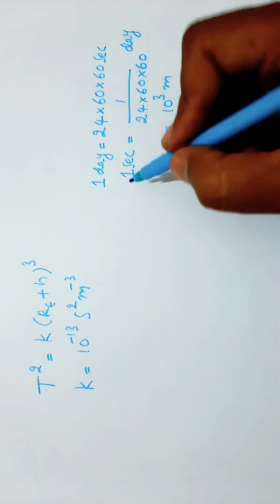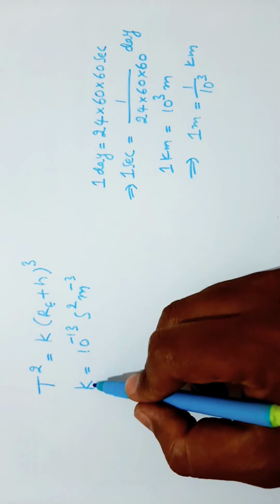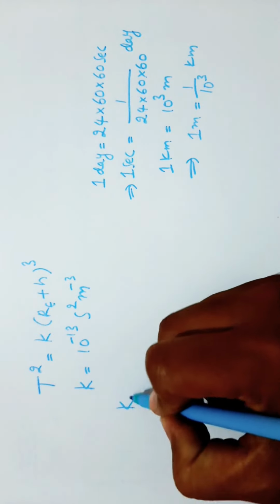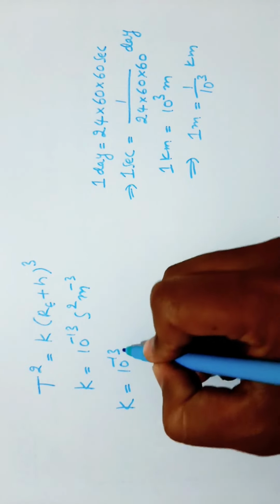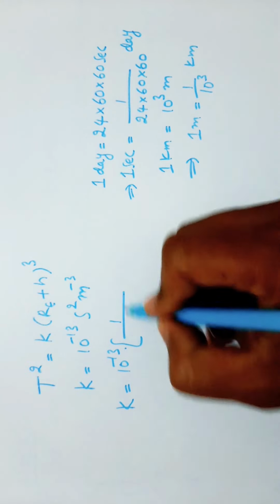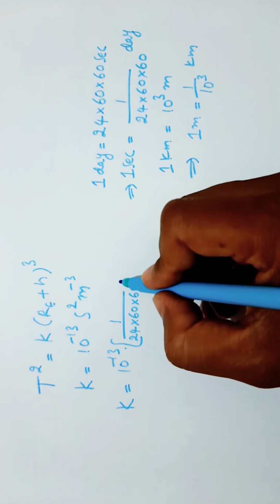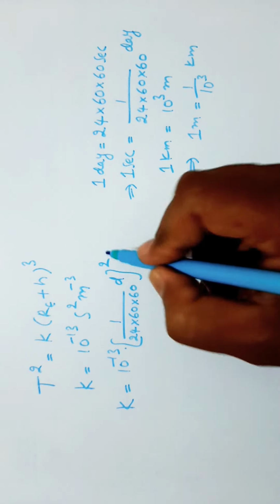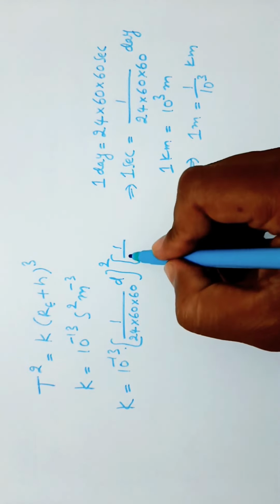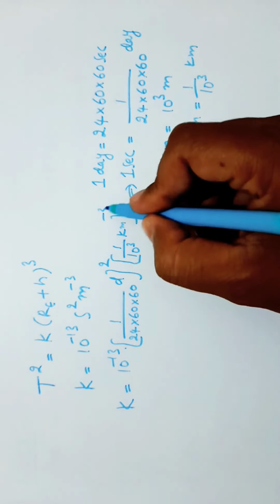So substitute these values in this equation. We can get k value in terms of days and kilometers. So here k is equal 10 to the power of minus 13. Here 1 second square is equal 1 by 24 into 60 into 60 days square. So 1 meter is equal 1 by 10 cube kilometer whole to the power of minus 3.